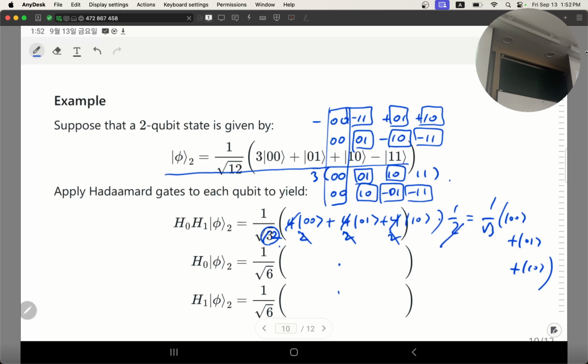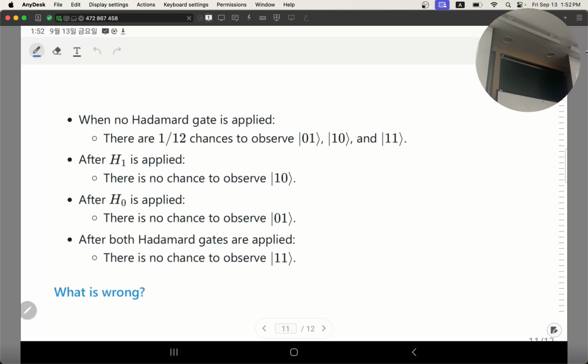Before I flip the coin, if I take the measurement, then there is a 1 over 12 probability of observing each of these 3 states. So that means I still have a chance to observe 1, 1.